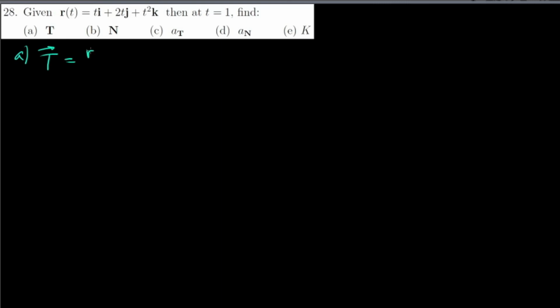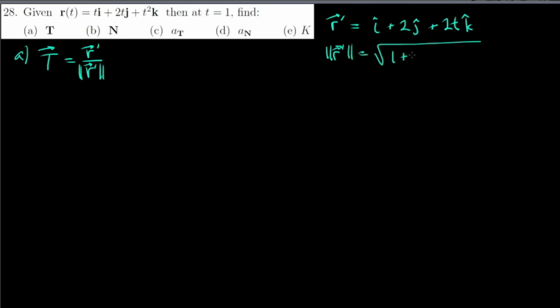So remember, T is just r prime over the magnitude of r prime. So r prime is just i plus 2j plus 2t times k. And then taking the norm of that vector, you get the square root of 1 squared plus 2 squared plus 4t squared.